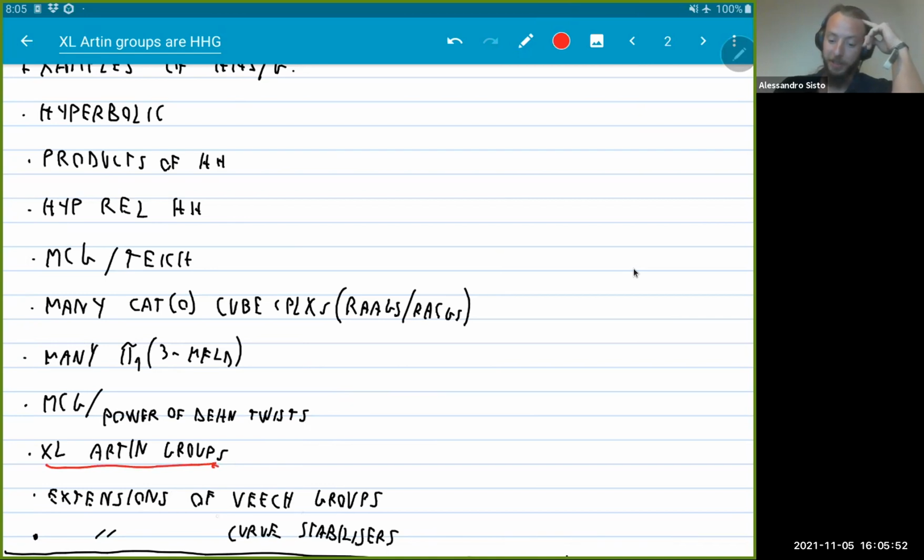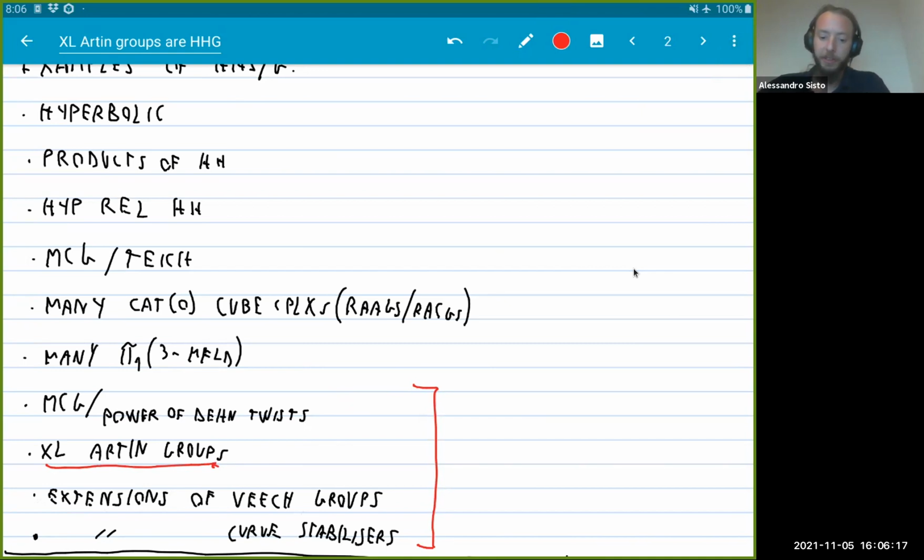And also certain extensions of Veech groups and curve stabilizers, other things related to mapping class groups. All these examples down here were first shown to be HHSs using the criterion that I will discuss in the second part of the talk.